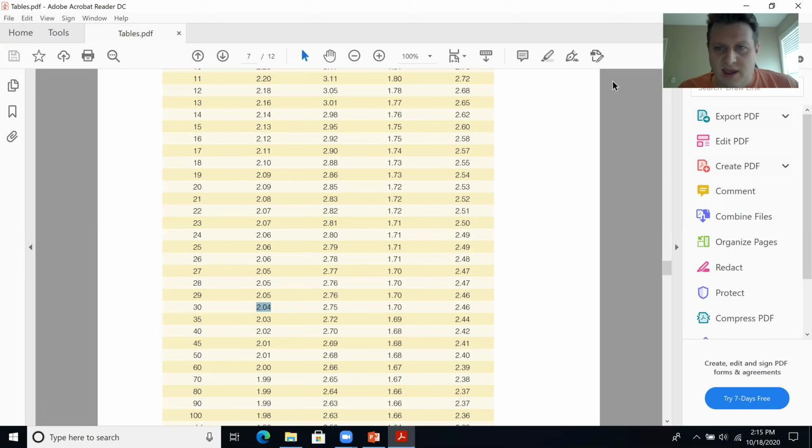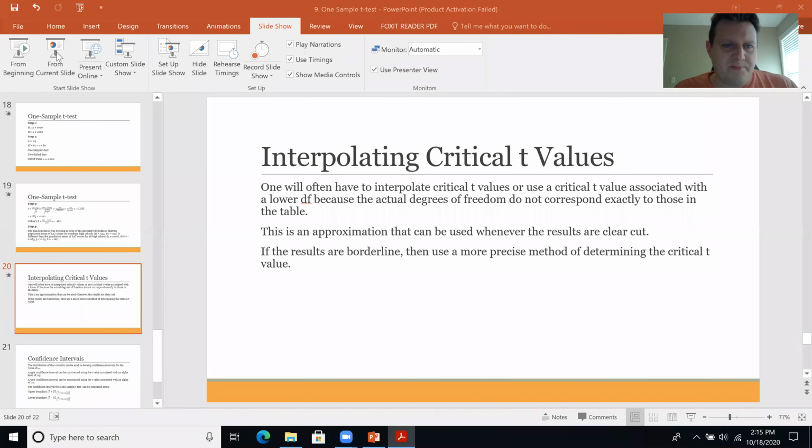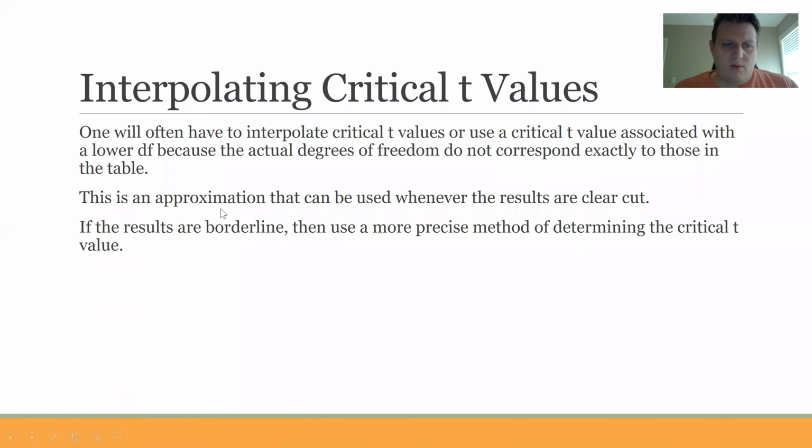You have found a true effect. You're going to reject the null hypothesis with the specific cutoff value. So if the effect is borderline, you might want to look at a more advanced t-table. But if you reject it at the lower degrees of freedom, you definitely have found an effect there.